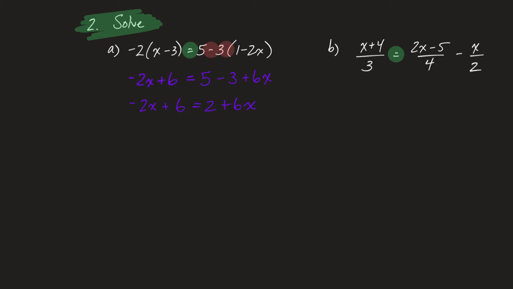I'm going to bet and say we've kind of got one of two paths. That you may be the sort of person who likes to put their variable on the left side. So, to get rid of a plus 6x, you are going to minus 6x. And that's what gives us our negative 8x on the left side. Now, to get rid of your plus 6, we are going to minus 6.